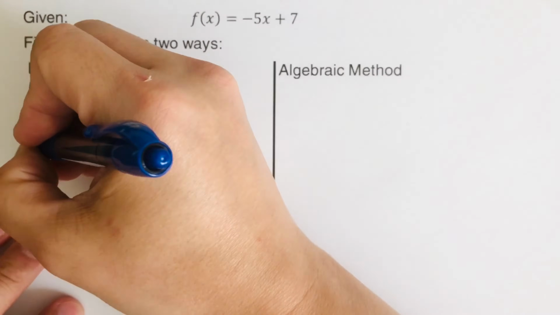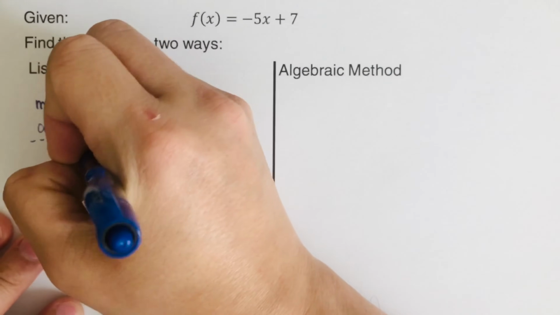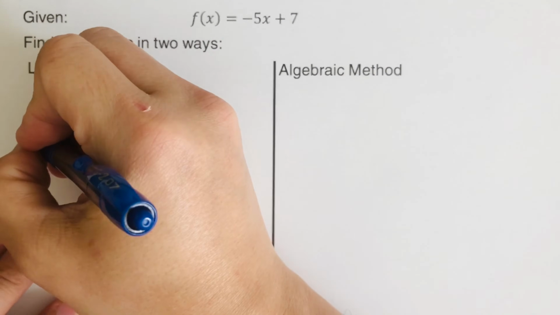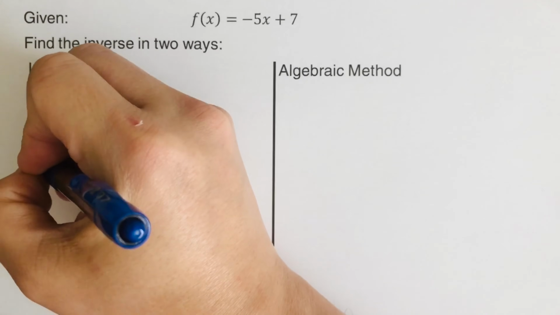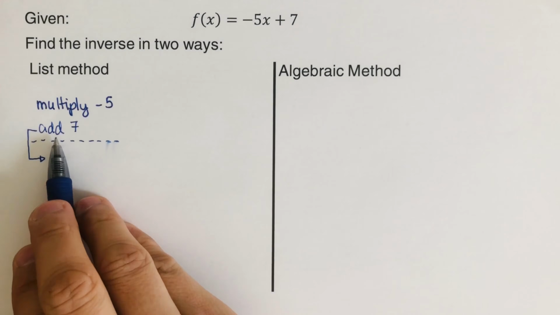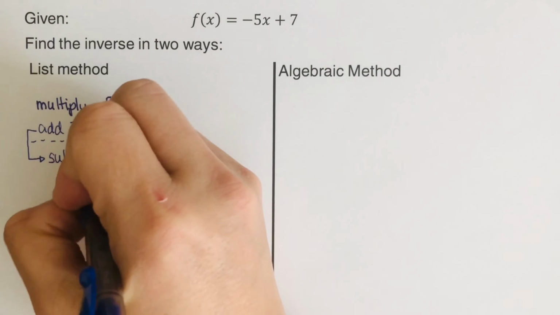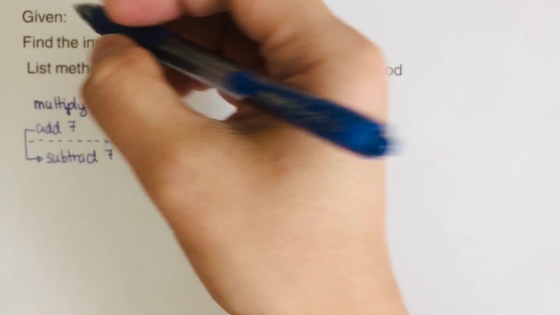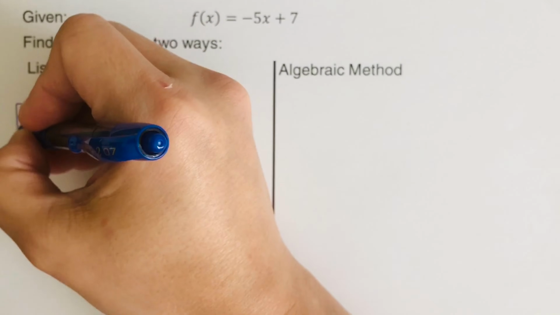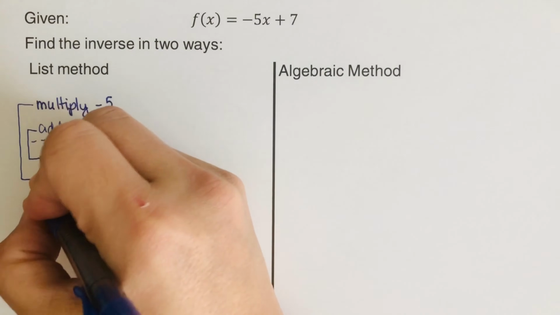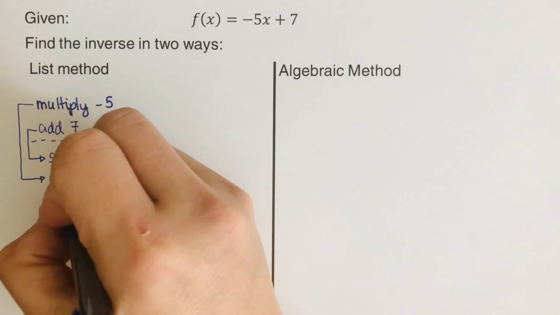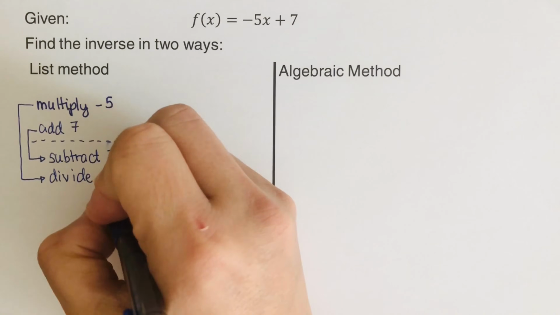Now, to get the inverse, this is what we're going to do. We flip the operations around. Instead of adding 7, I subtract 7, and instead of multiplying, the opposite of multiplication is division, so I divide by -5.